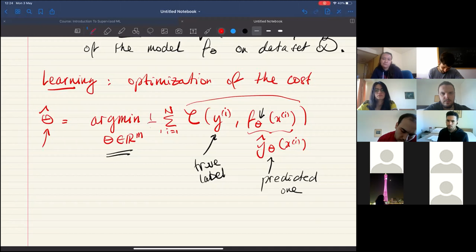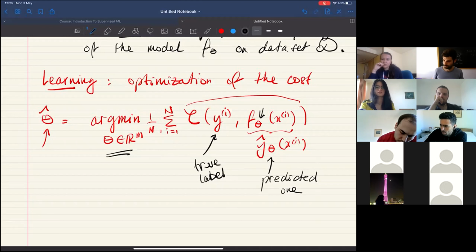I have a question. I remember that you mentioned a word, deviation. Are you implying we calculate the deviation of the predicted one and the true label? Exactly.